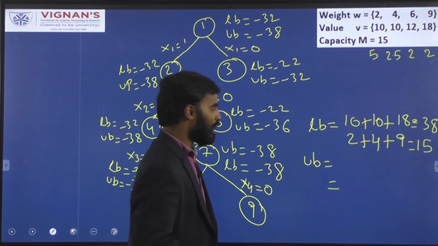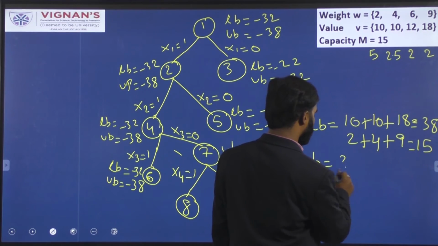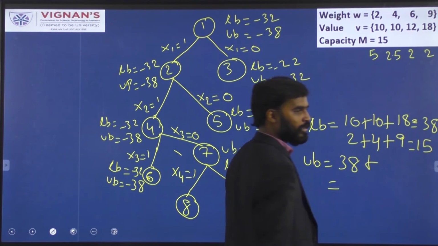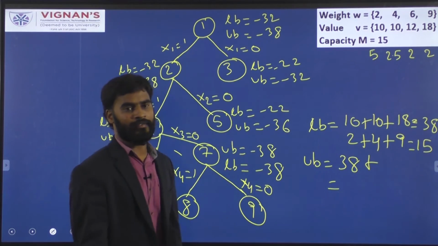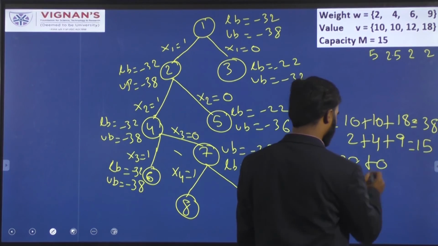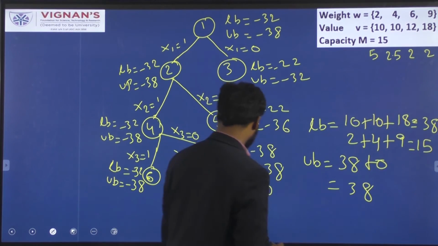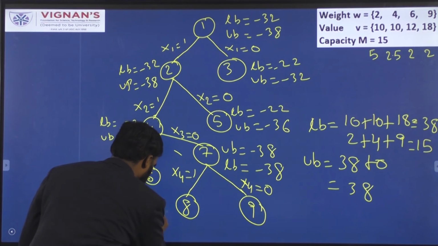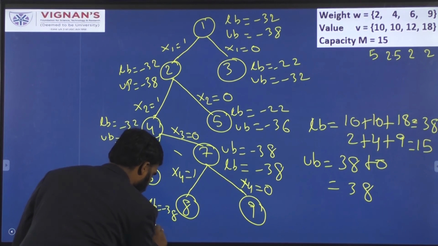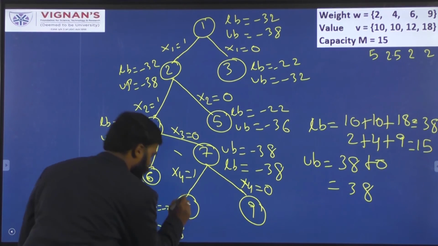What about the upper bound? The upper bound is the value of the current selection plus the profit for the remaining weight. There is no remaining weight, so it becomes 38. So the lower bound and upper bound are minus 38 and minus 38 for node 8.